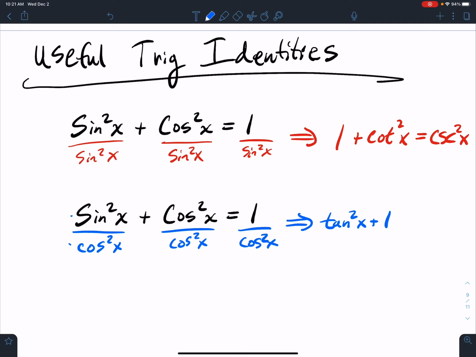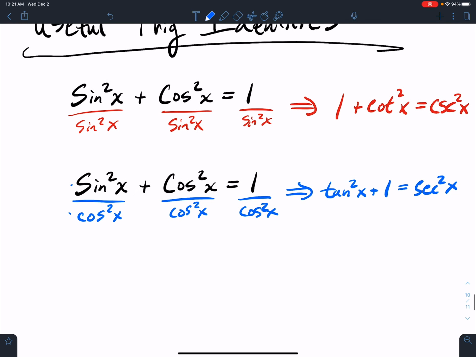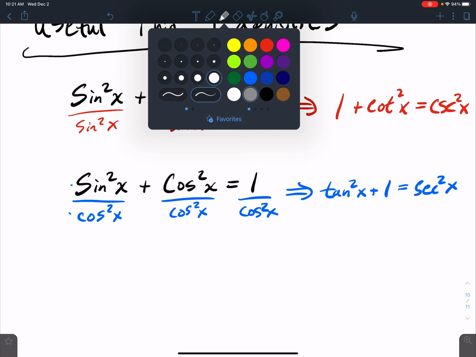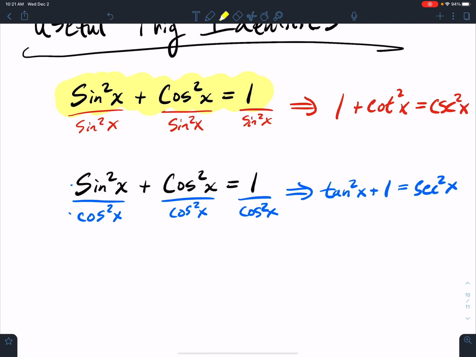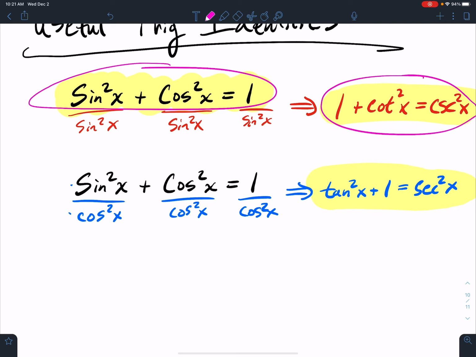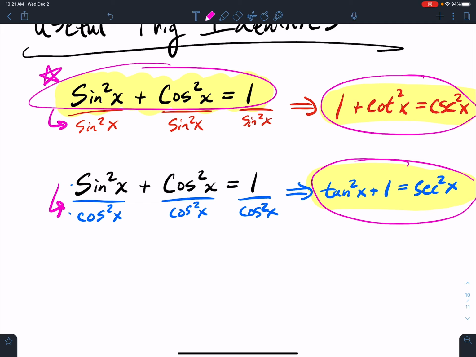And then 1 over cosine squared, that's going to get me the secant squared x. So from this identity right here, we find the other two. And so all three of those are critical for our success. We need to know all three of these identities. And like I said, I memorized this one, and then I memorized how to get the other two if I have for some reason forgotten these other two here.